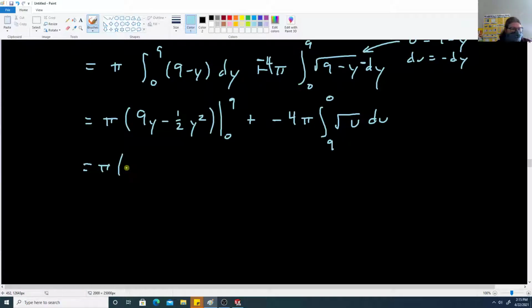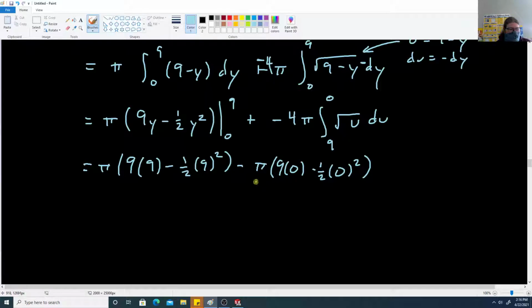This will be pi times 9 times 9 minus 1/2 times 9 squared, minus, we'll put 0 in, pi times 9 times 0 minus 1/2 0 squared, which that term actually is just 0.